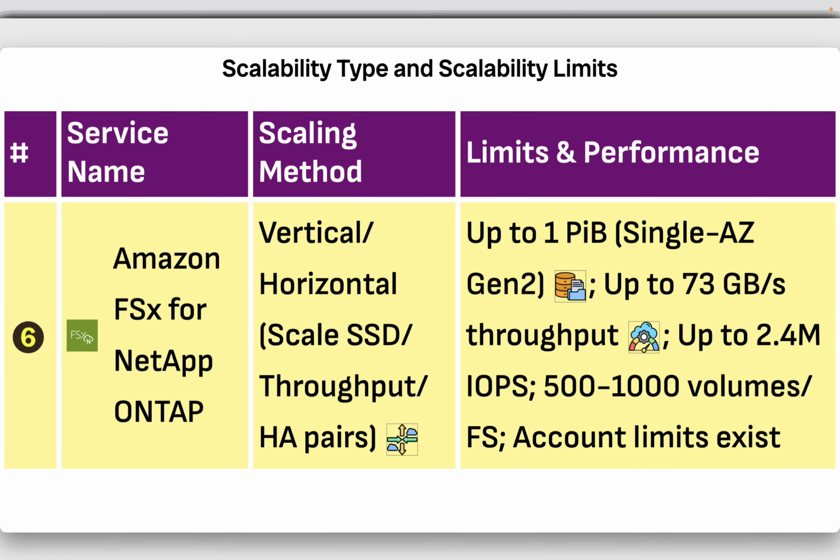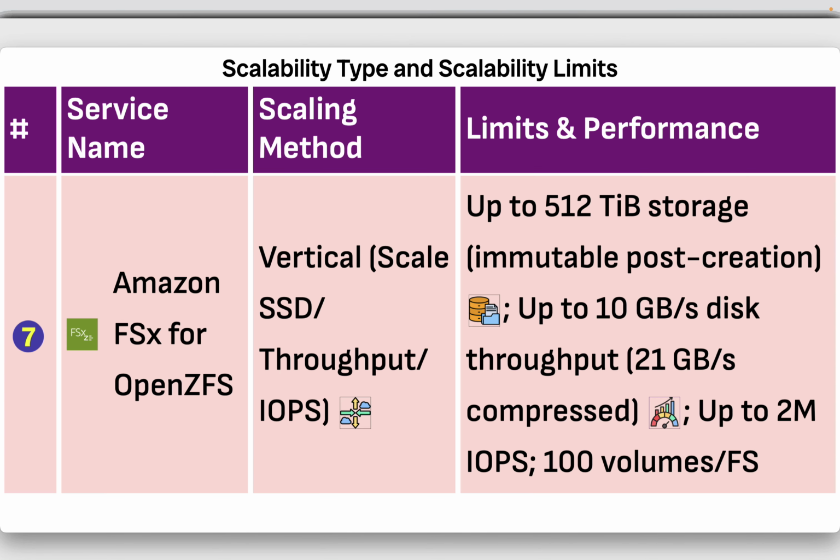Throughput can be up to 73 GB per second. IOPS can be up to 2.4 million, and you can have up to 500 to 1000 volumes per file system, and there may exist some limits as per your AWS account.